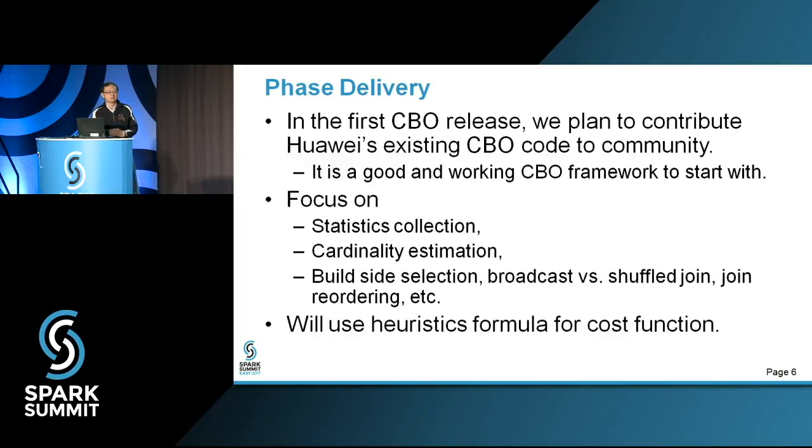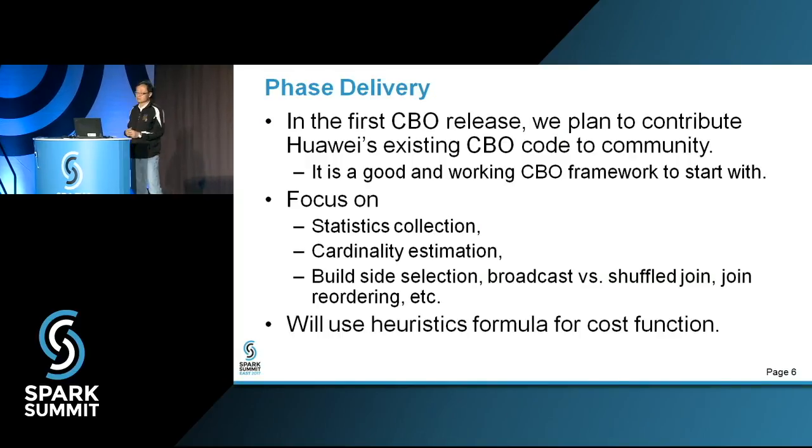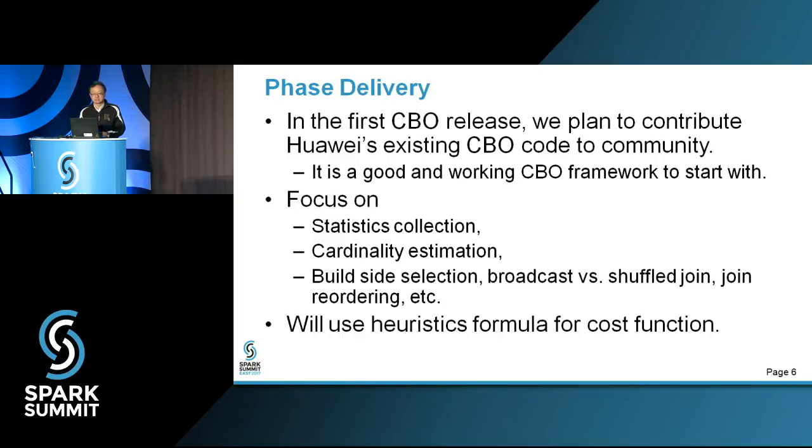So today, you can find quite a few lines of code in the master branch. And it is a good and working CBO framework to start with. And we have been focusing on how to collect statistics. And then based on statistics, we estimate the cardinality of each execution operator.